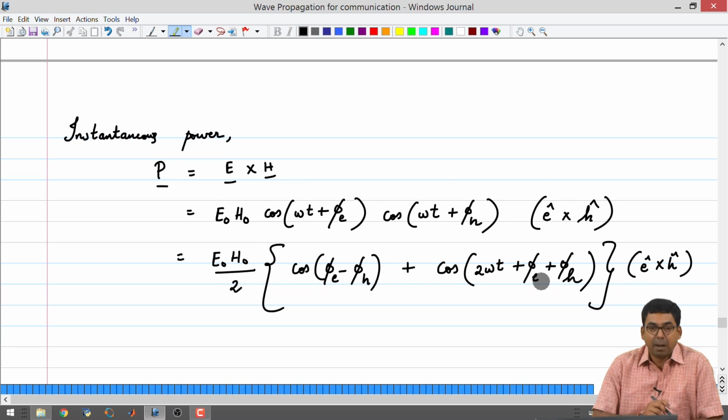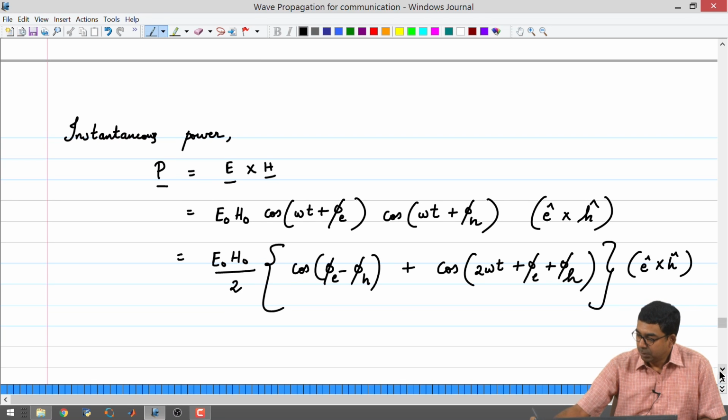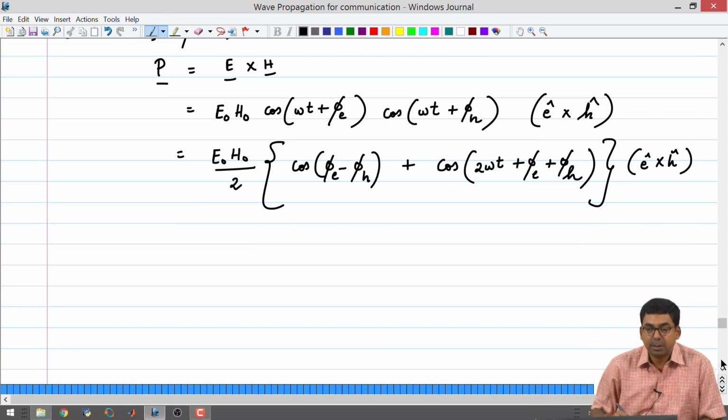So, instantaneous power with respect to time, you will see that the vector is pointing in very different ways. So, you may either have a positive quantity or 0 or negative quantity, which means that to make some meaningful conclusions it's not easy to do it with instantaneous power, because instantaneous power at some instant of time can be 0. You cannot draw a conclusion that there is no power passing through the given area.